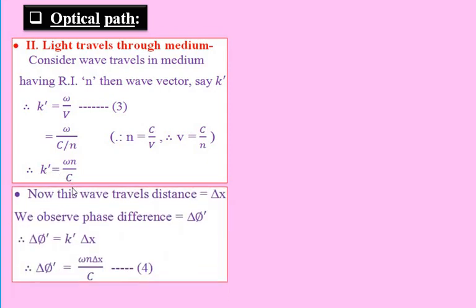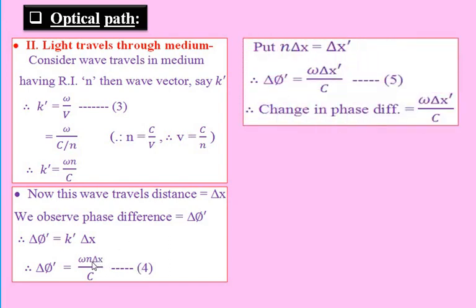Now this wave travels a distance delta x, and we observe the phase difference delta phi dash. Therefore, delta phi dash is equal to k dash into delta x, which is omega n into delta x divided by c, because the value of k dash is omega n upon c. Suppose this is equation number 4.